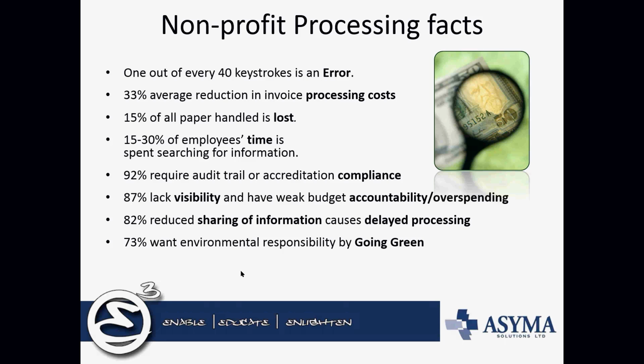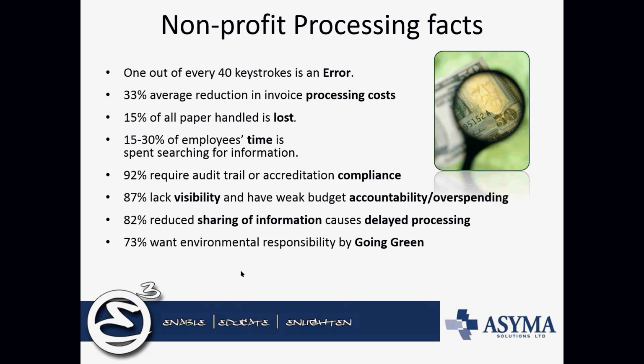Then the last four: 92% require audit trails or accreditation compliance. As you have this compliance, or you're looking to get compliance for an accreditation, you need to maintain a real solid workflow so that all your information is flowing accurately and coming into the system so that it makes sense. Workflow systems can certainly help us with that.